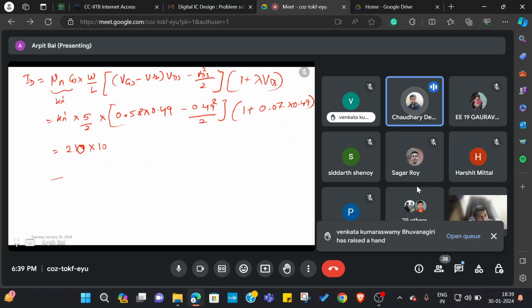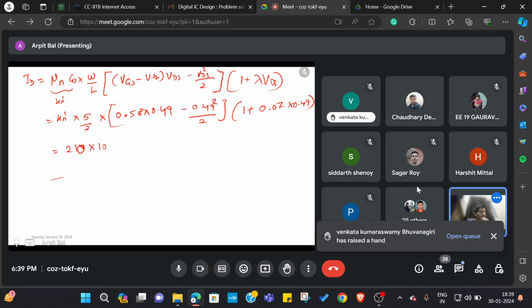We find this MOSFET works in the linear region, and we are applying channel length modulation.